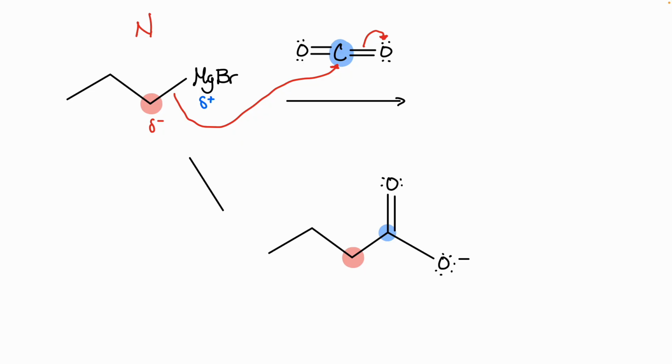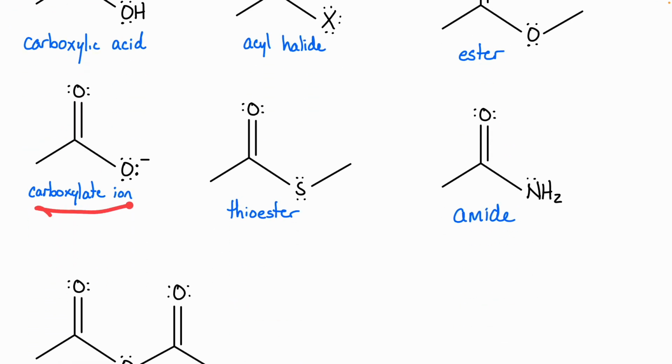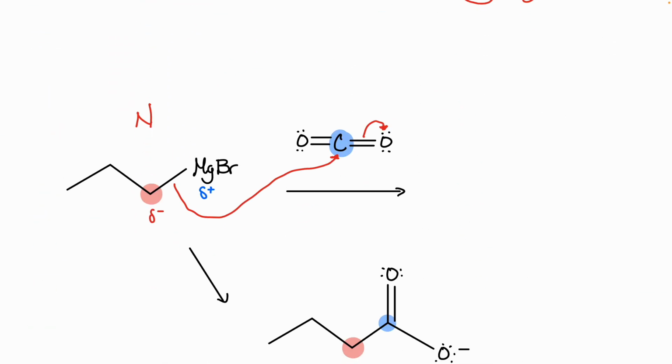All right. So this first step here makes these molecules, we talked about what these were called. What do we name these things here when we deprotonate a carboxylic acid? Carboxylate. All right, so we get a carboxylate ion that forms. And then we're going to do that same second acidic workup step.